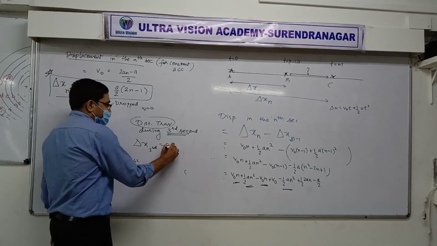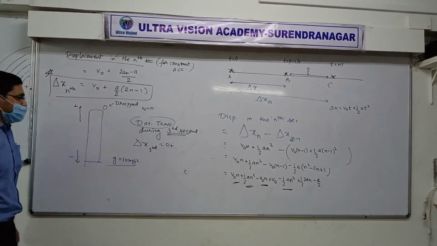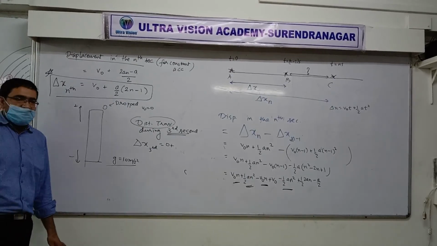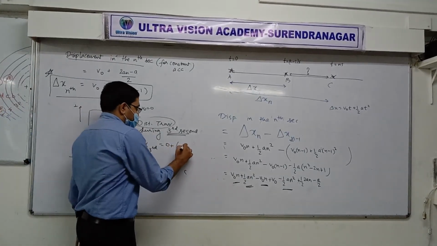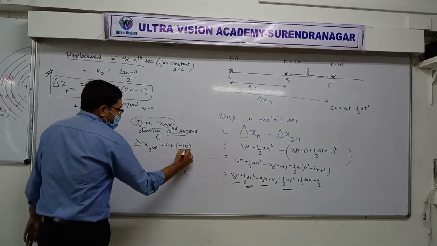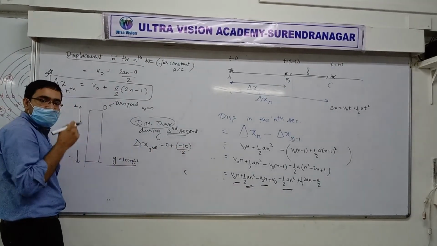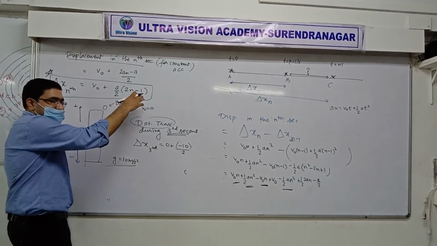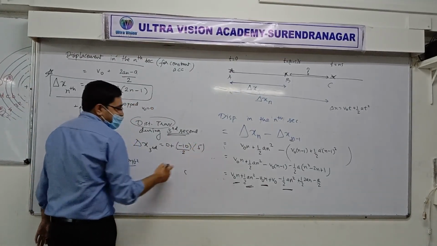Then plus acceleration, how much? Minus 10 or 10? Then what else is there? Divided by 2. No problem. Okay, and this will be 5, right?